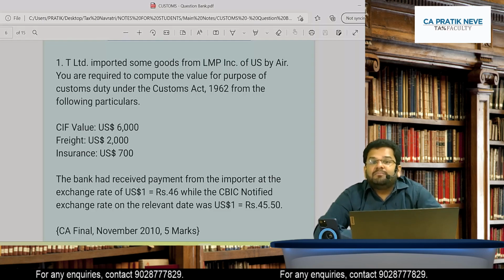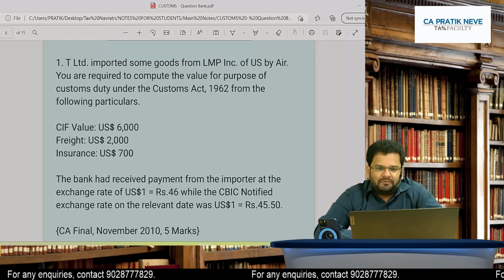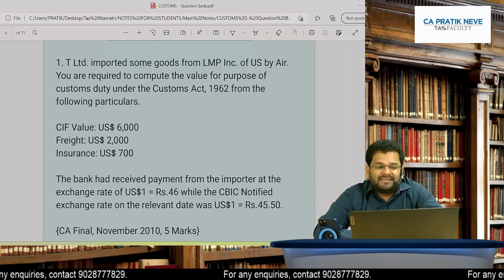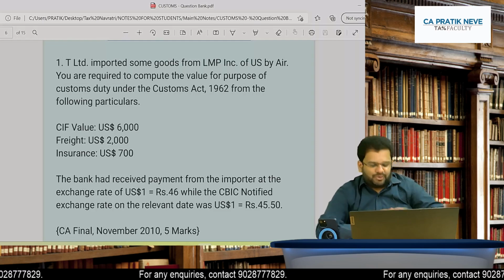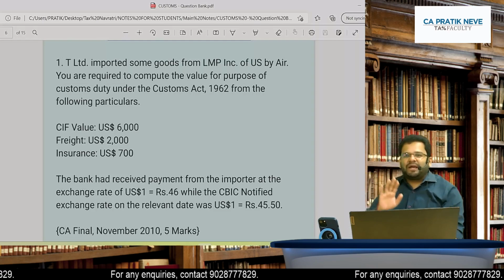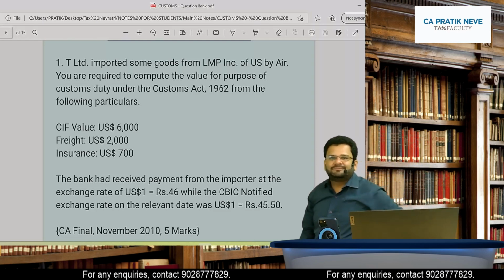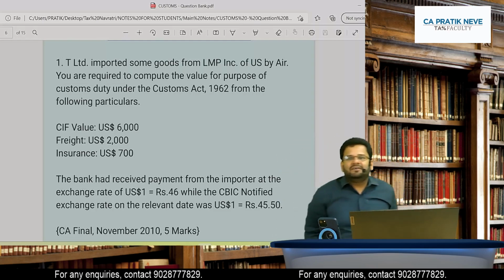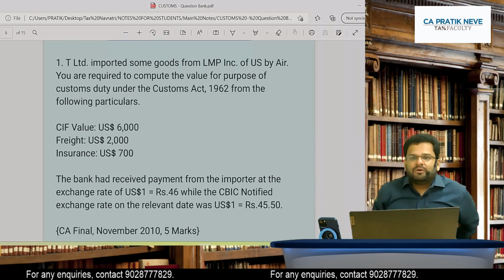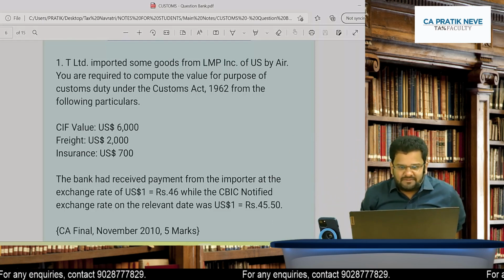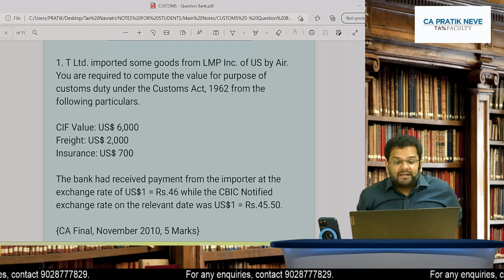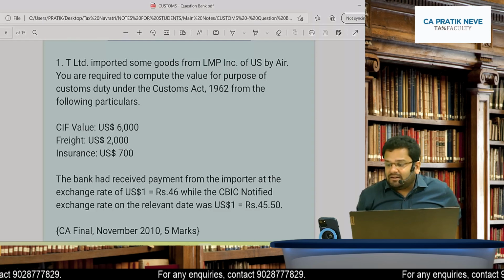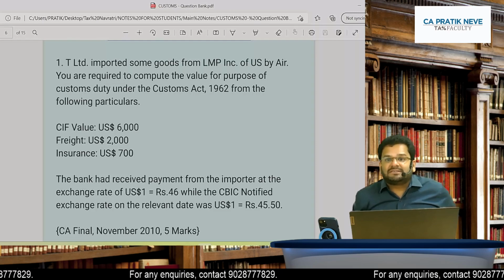T Limited imported some goods from LMP Inc. of US by air. You are required to compute value for purpose of customs duty. Means you have to calculate assessable value. Agreed, Chaitanya? You have to calculate assessable value for levy of customs from the following particulars. CIF value is given at $6,000.